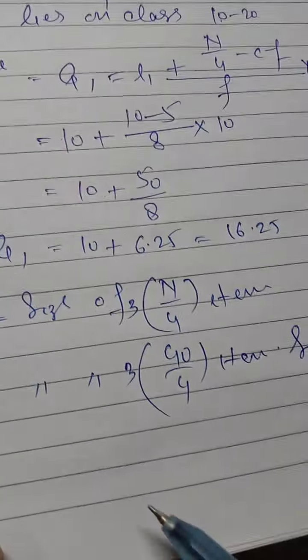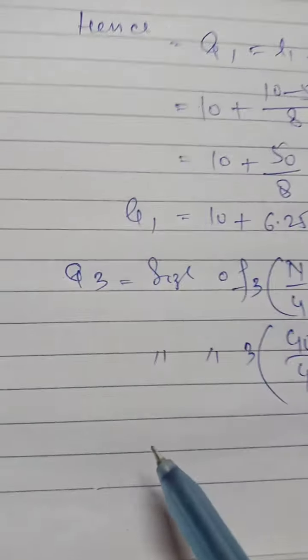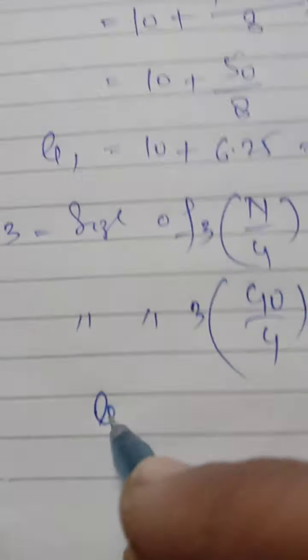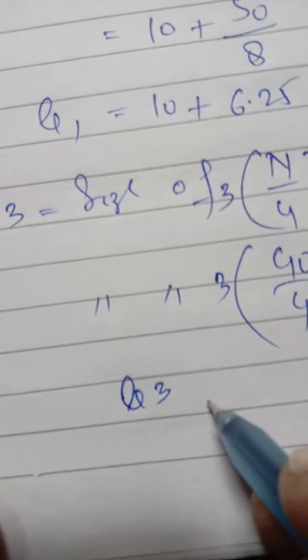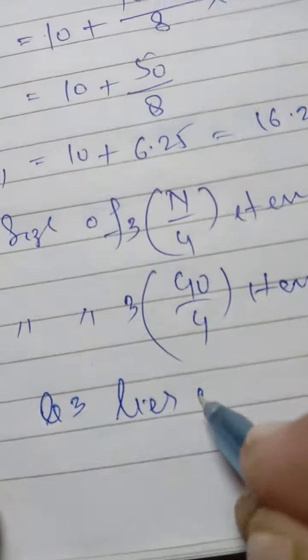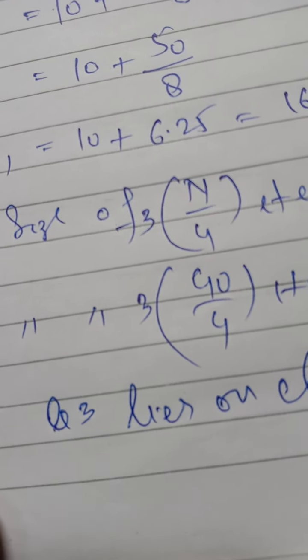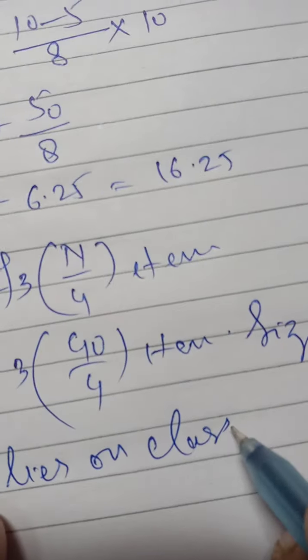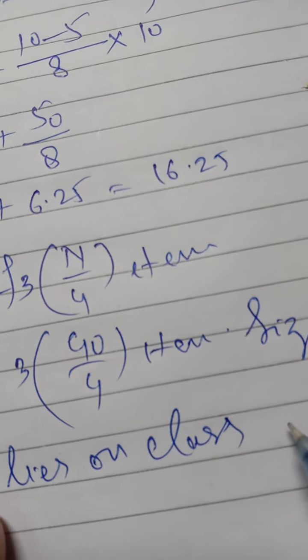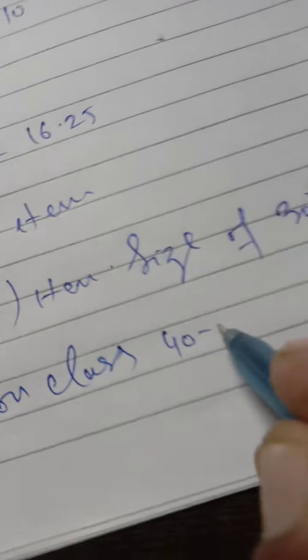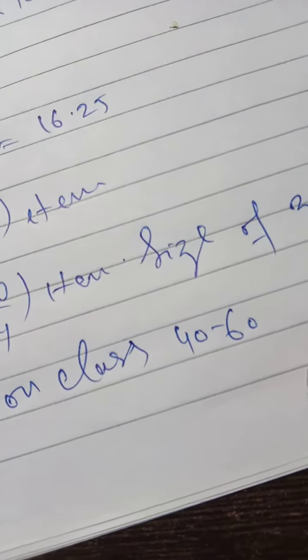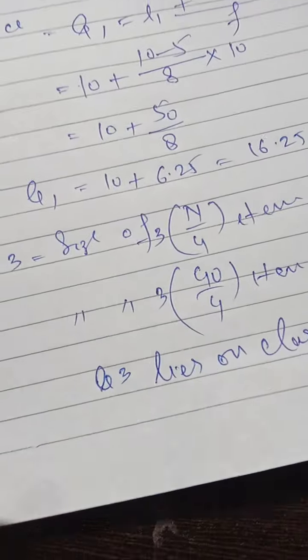So what we have to write here? Q3 lies on class 40 to 60. Now we are moving to the next sheet because it is already filled up. Now listen, we will continue that it was lying on the 40 to 60 group.